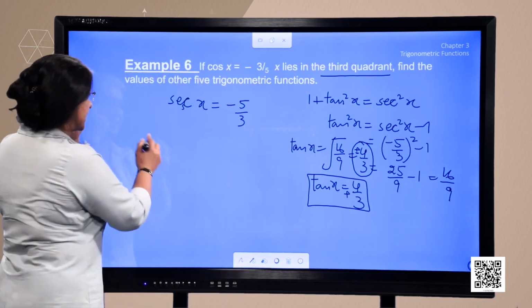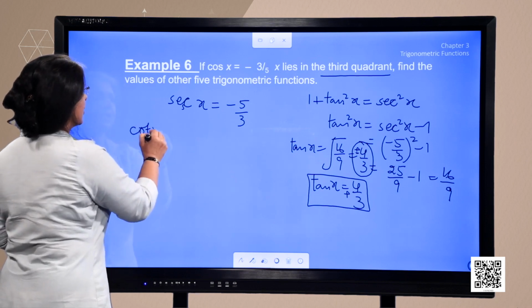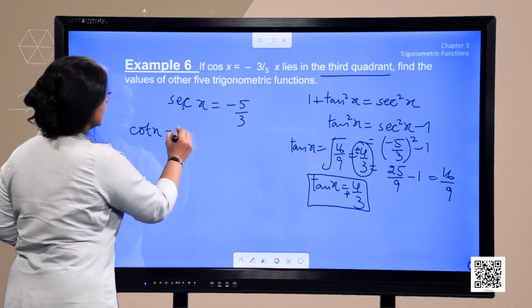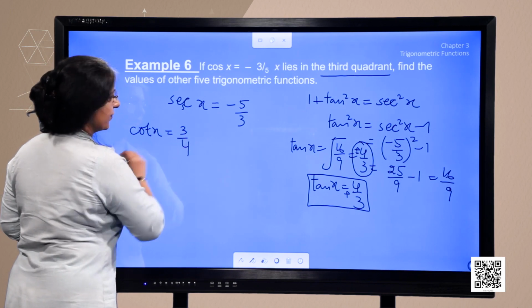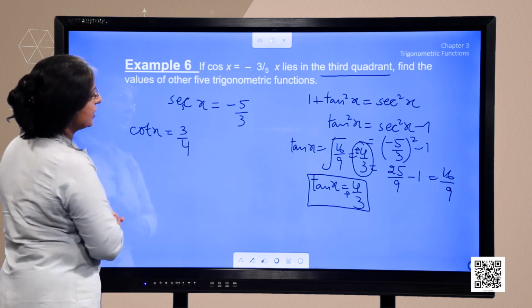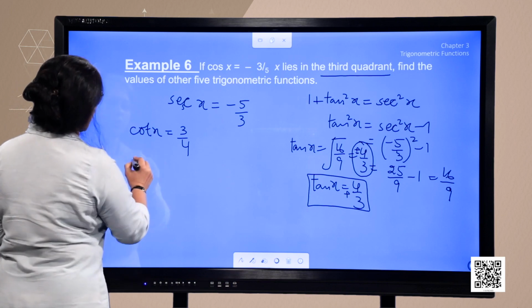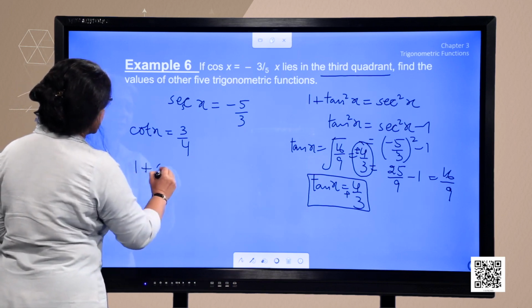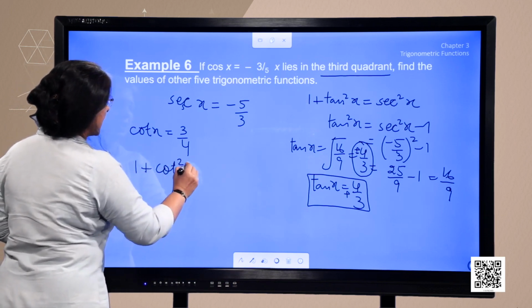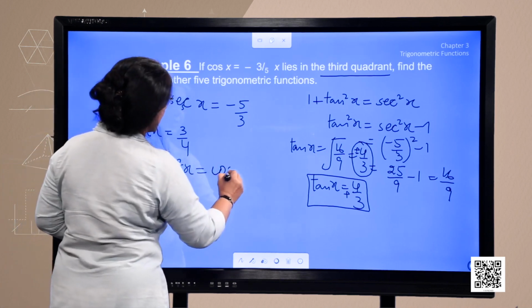With the help of tangent, we can find out cot x. Cot x is the reciprocal of tangent, 3 by 4. Since we know cot, we can use 1 plus cot square x is equal to cosec square x.